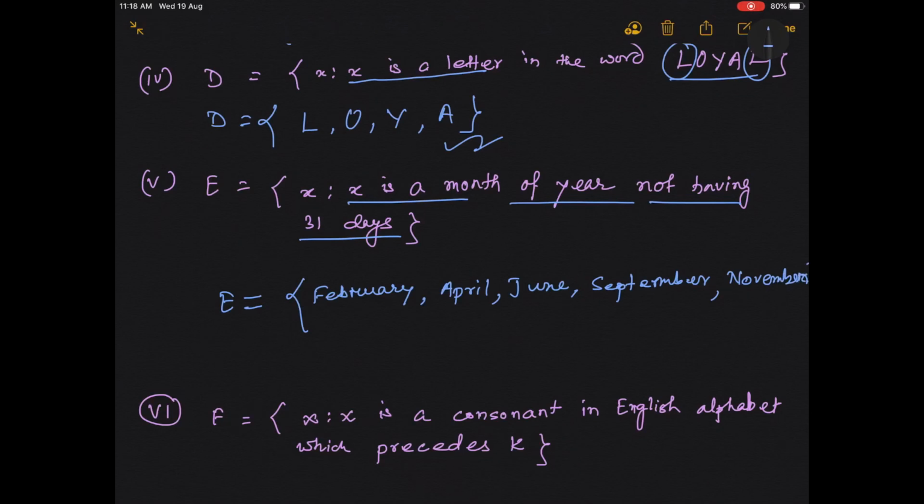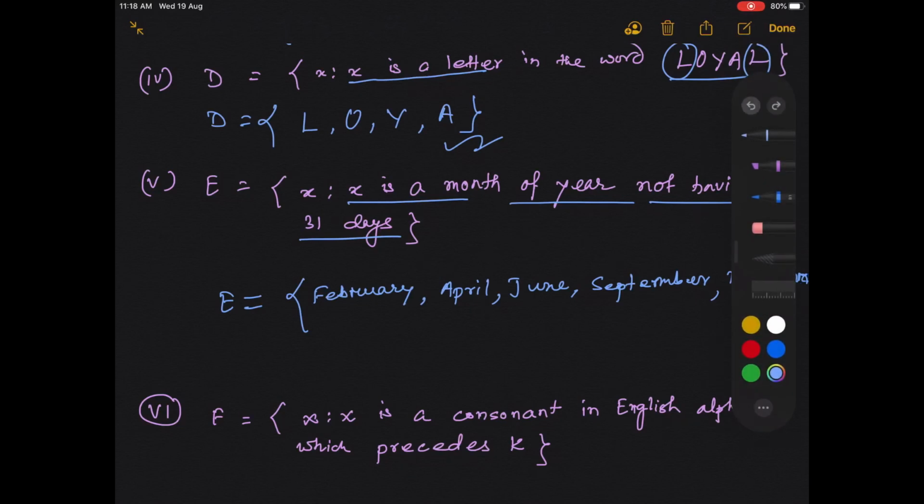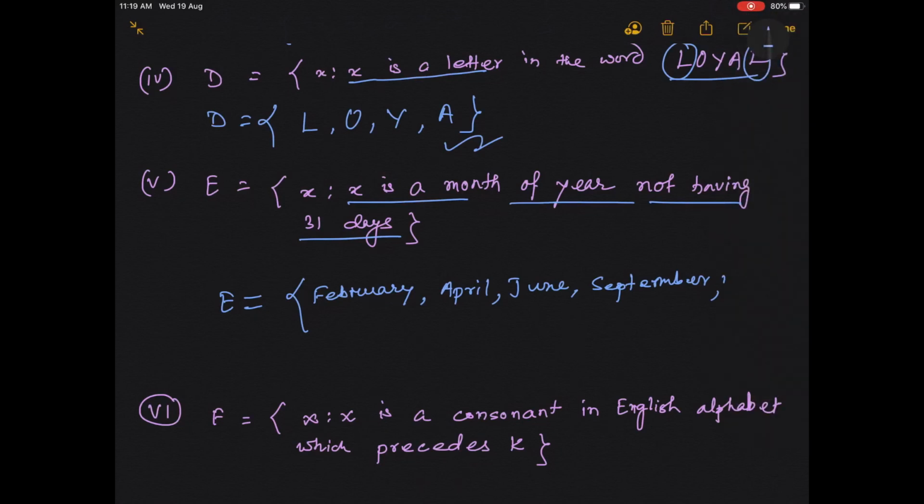Let me write this one again. So this is the set of those months in a year not having 31 days.